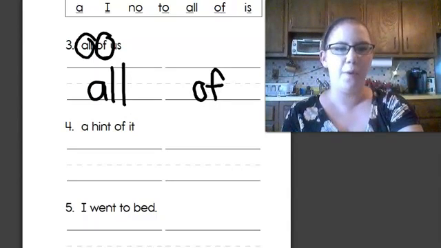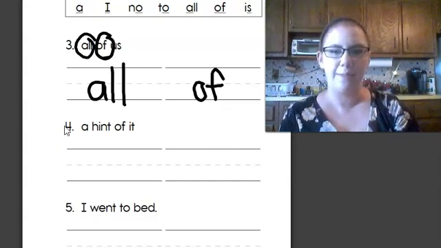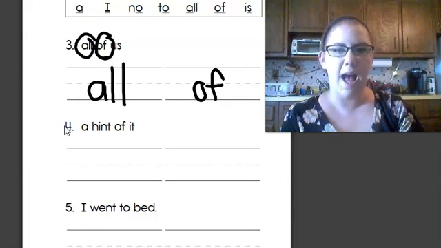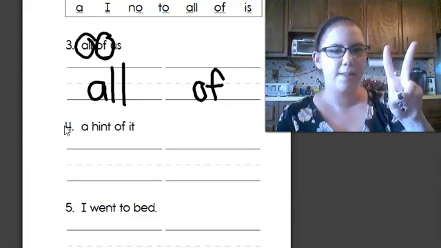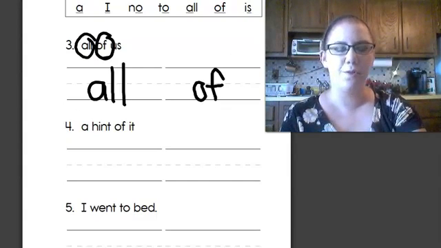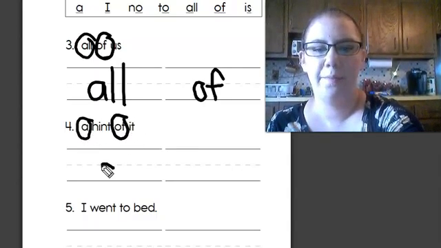What about number 4? How many tricky words do you see in number 4? I see 2 tricky words. Let's circle those tricky words. A and of.